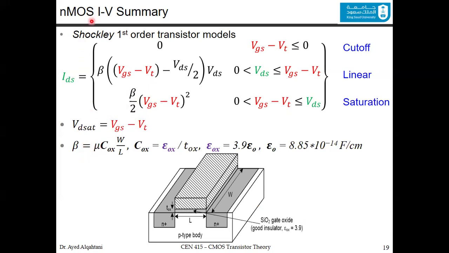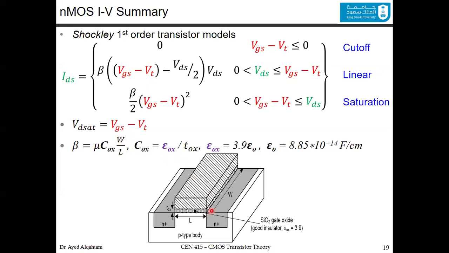Since we have an NMOS transistor, we have mu N for the electrons and mu P for the holes. So mu, which is mu N since it is an NMOS transistor, times the capacitance of the oxide, which is here. This is our silicon oxide, and times W divided by L.